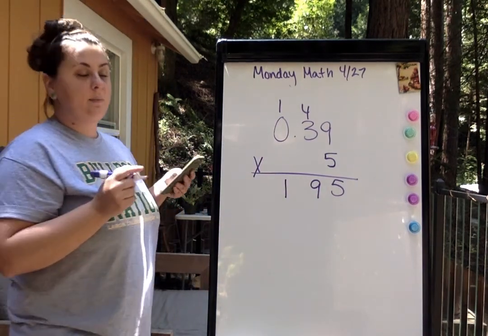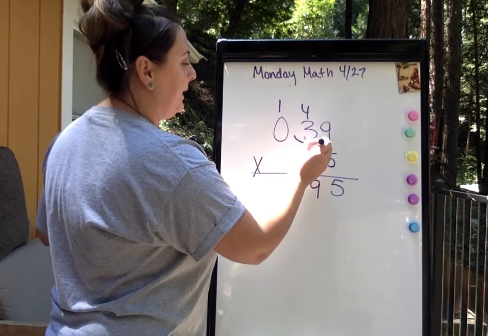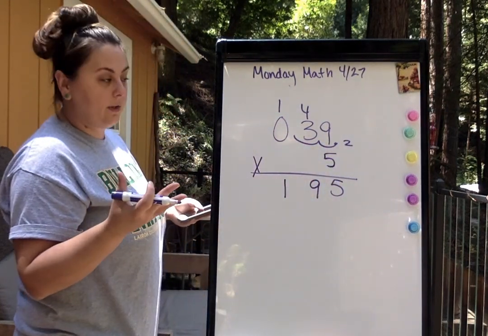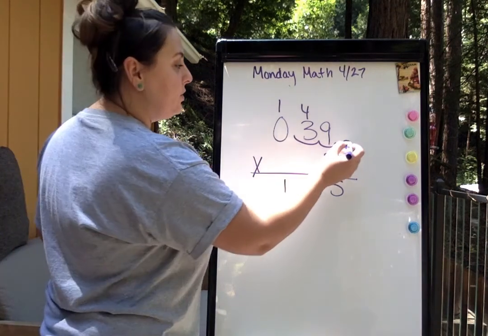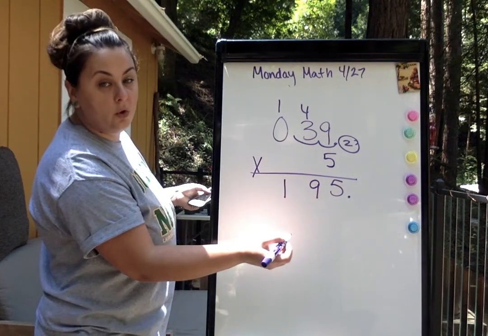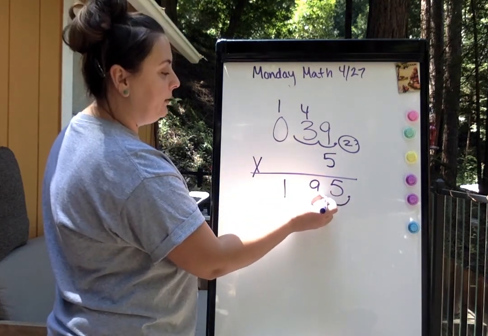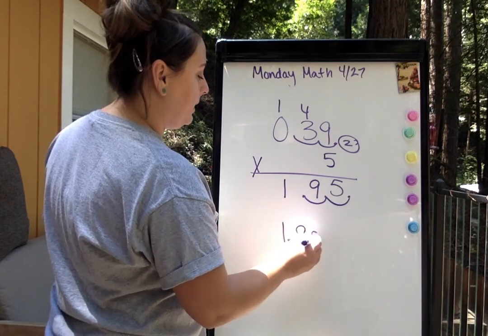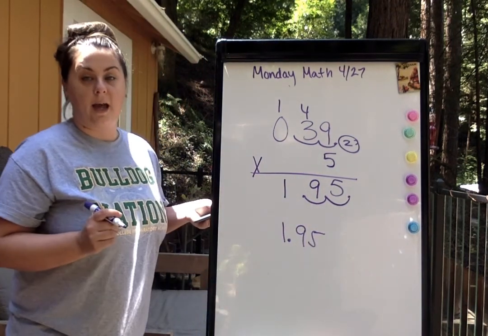Now to figure out the decimal place, you're going to count 1, 2. Now there's no decimal place here, so we don't have to count anything right of the decimal. So you just have 2 place value places. Start at the end of your whole number, over 1, 2. So Kiana spent $1.95 on apples.